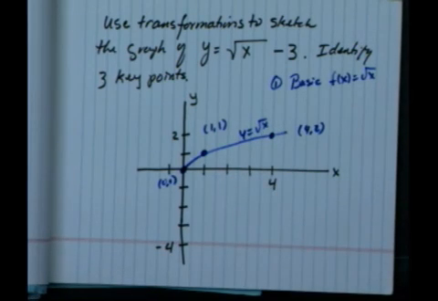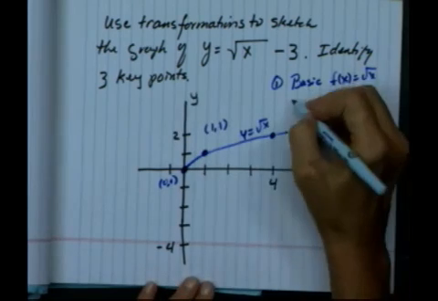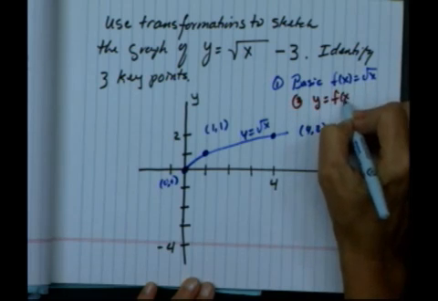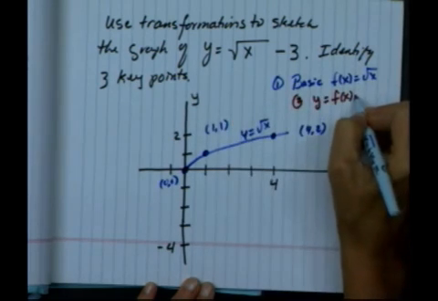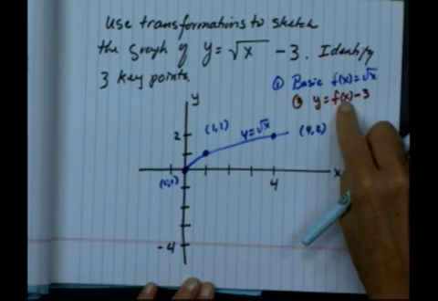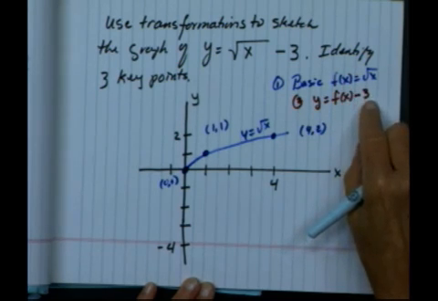Now, what we notice is that we have this new function where y is equal to our basic function, and then we're going to subtract 3. Remember, f of x gives you a y value, y's from the old function, and then we are subtracting 3.